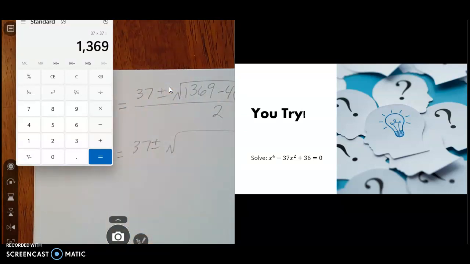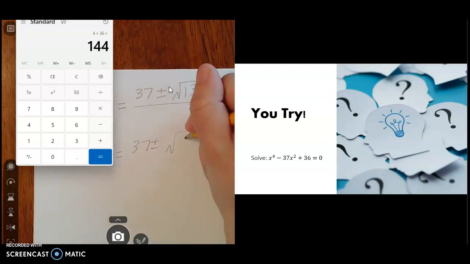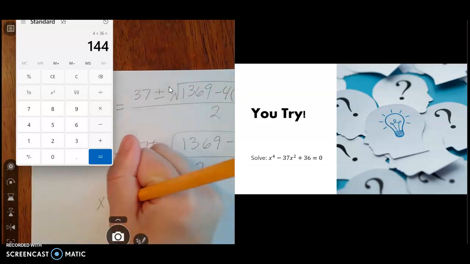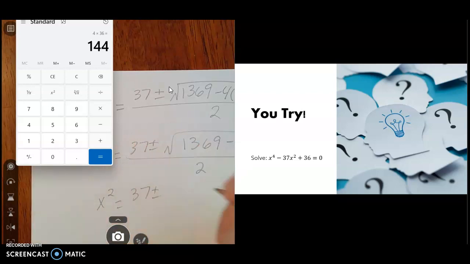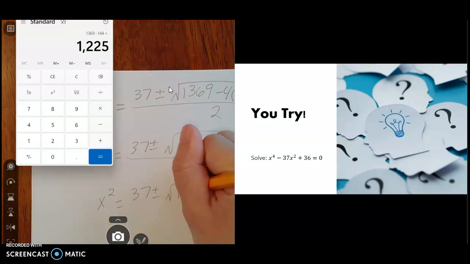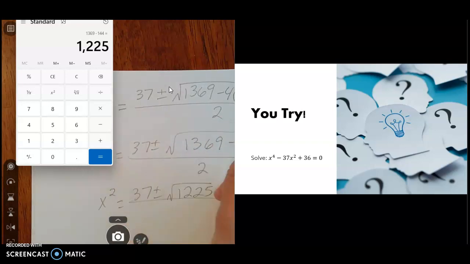All right, let's see. 4 times 1 is 4 times 36. You get 144, so we're going to get 1369 minus 144 inside of our square root. And if you subtract those, 1369 minus 144, we get the square root of 1,225.